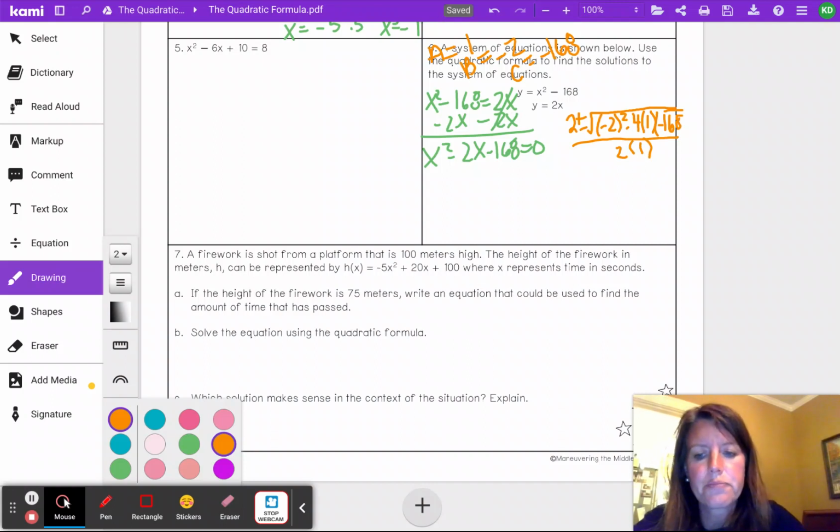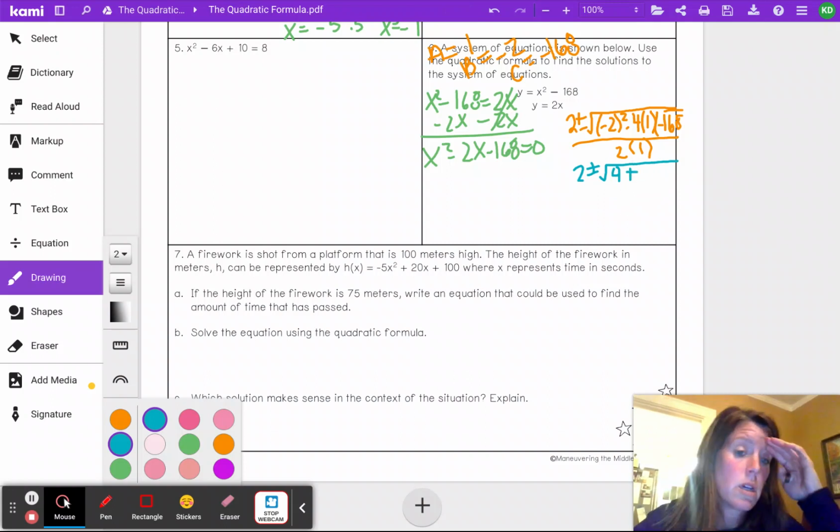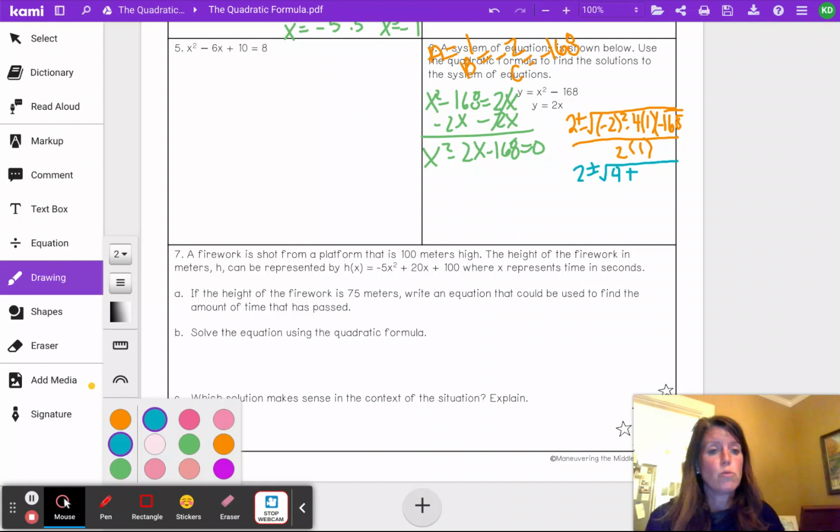All right, next step, 2 plus or minus square root of 4 plus, and I'm saying plus because I can see here, -4 times 1 is -4. -4 times -168 is, let's see, 4 times 168, that is 672.